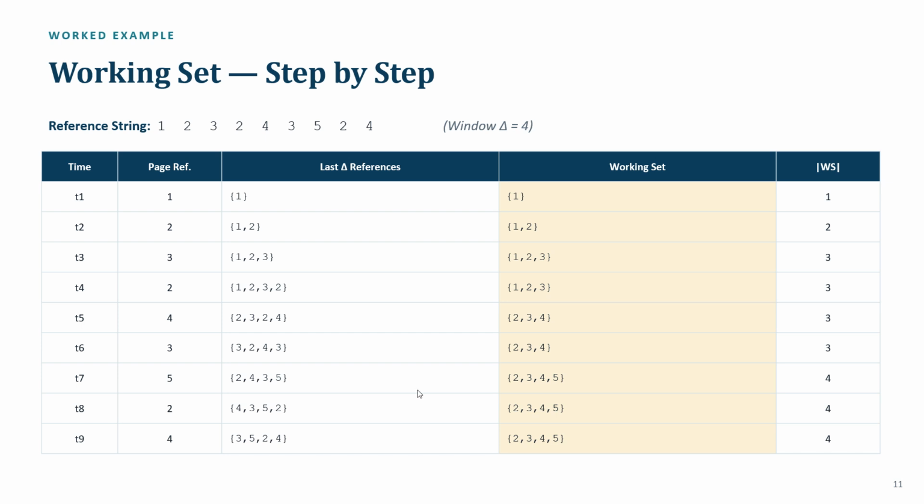Now at t7, 5 is added and the working set changes again, and 2, 3, 4, and 5 is the new working set. We repeat this process till the very last, which is t9, and hence our working set is 2, 3, 4, 5, and the change occurred at t5, as 1 was out of the working set and 2 was included.